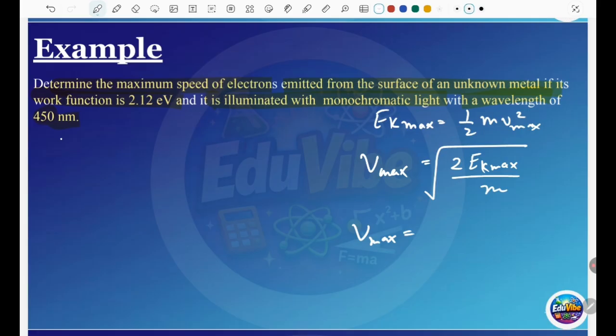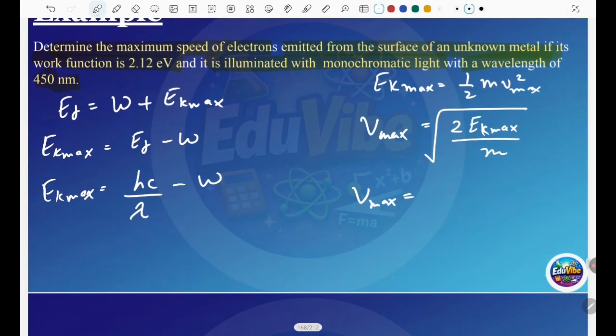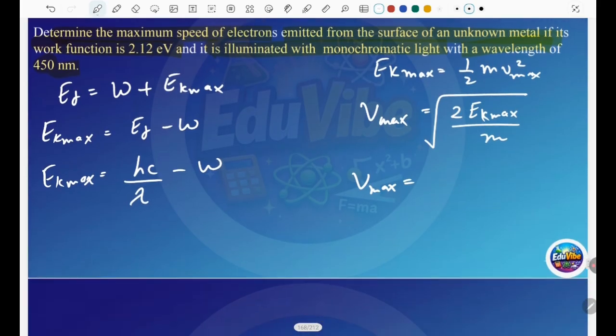We use the formula that photon energy is equal to W plus EK max. From here you can find EK max, which is equal to the photon energy minus W, where the photon energy is given by Planck's equation. You have W, you have the wavelength, you have h and c, so you can find it now.